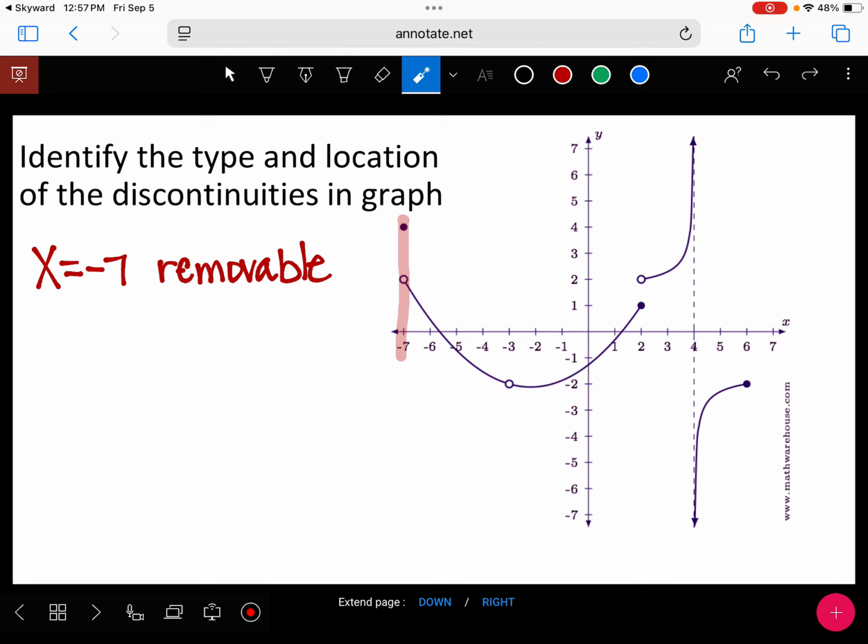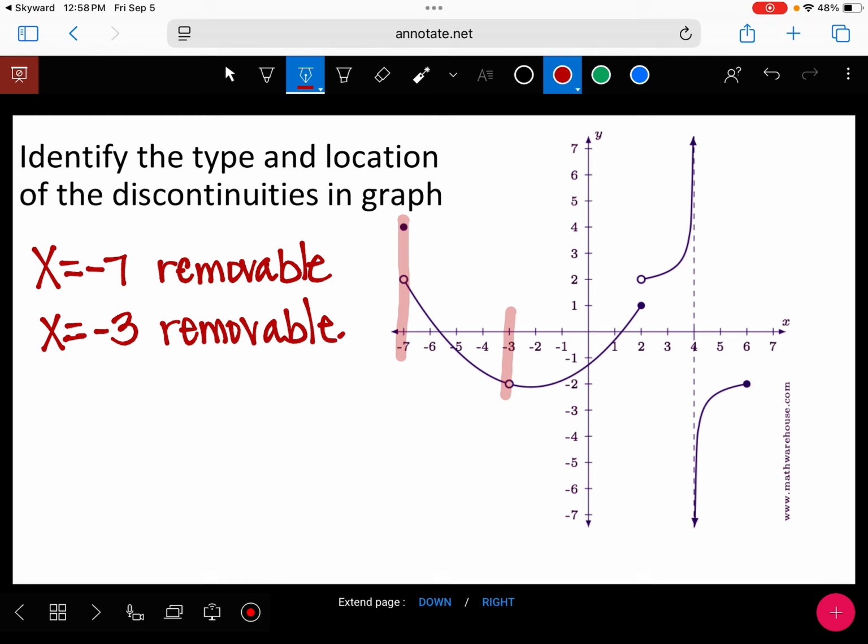And then as we're traveling along, notice that again, here at -3, we have another hole in the graph. So we have another removable at -3. And then at +2, what do you think that is?